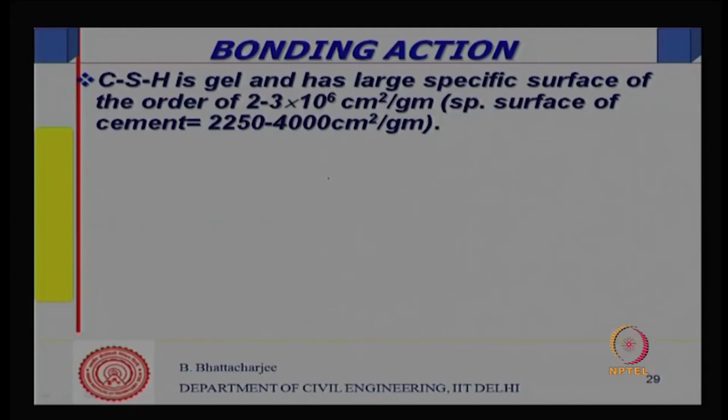Now, the specific surface of C-S-H gel is very, very high. It is about 1000 times more than that of cement, because it is 2 to 3 into 10 to the power 6 centimeter square, whereas for cement it is 2.2 into 10 to the power 3 to 4 into 10 to the power 3. So, the order is 1000 times.